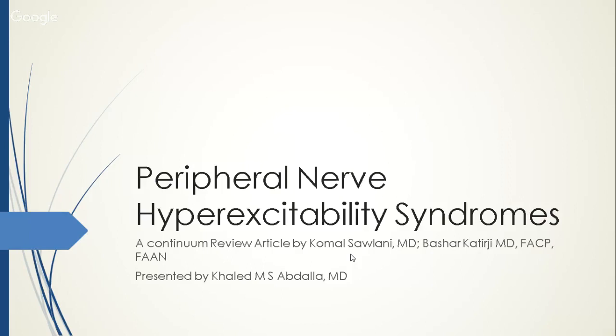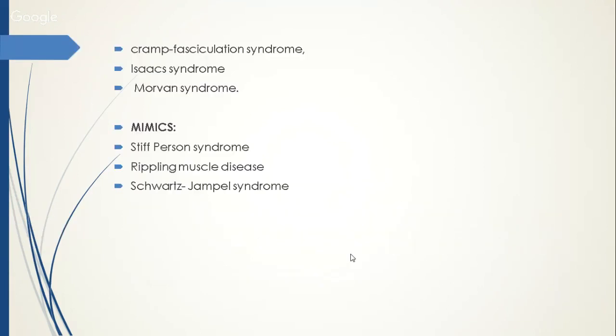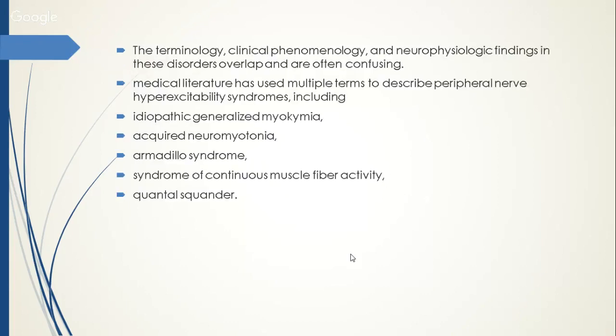Okay, all right, so peripheral nerve hyperexcitability syndromes. In the Continuum article there were actually 6 main syndromes: 3 true hyperexcitability syndromes, Cramp Fasciculation syndrome, Isaac syndrome, and Morvan syndrome, and others which are mimics of hyperexcitability syndrome, including stiff person syndrome, rippling muscle disease, and Schwartz-Jampel syndrome.